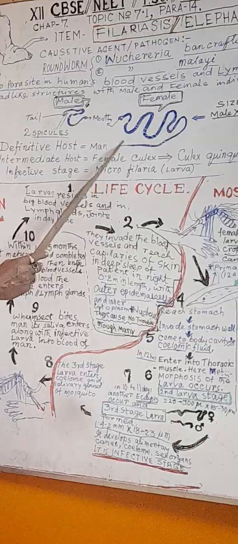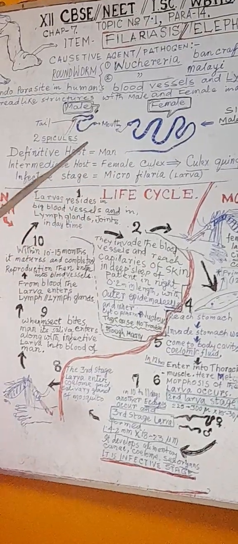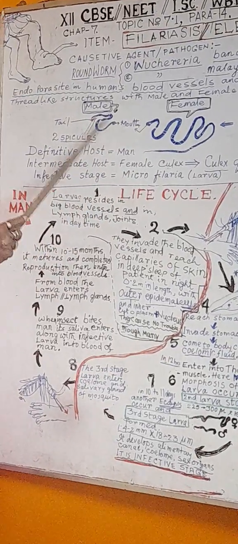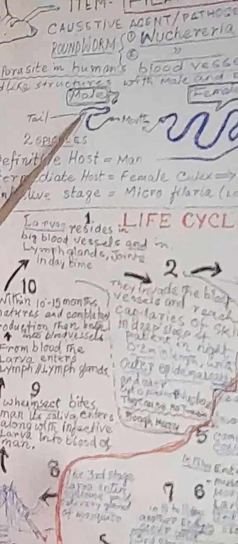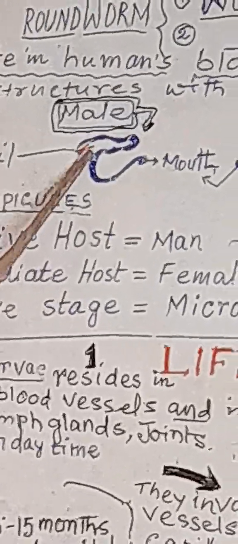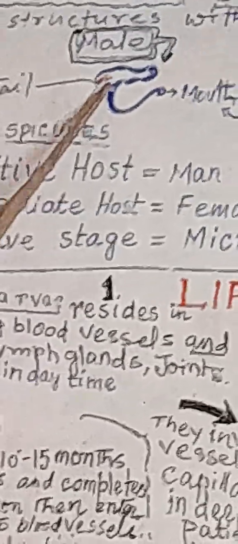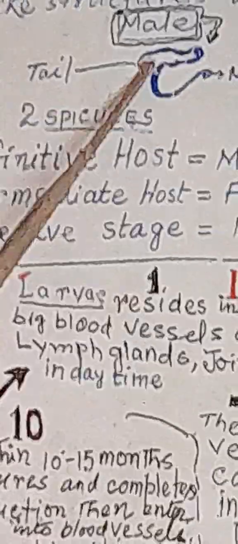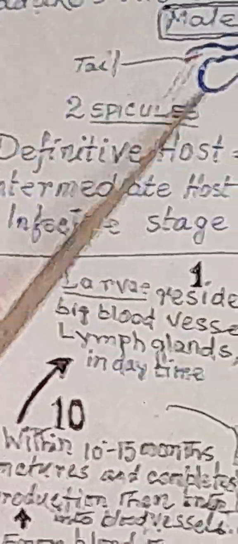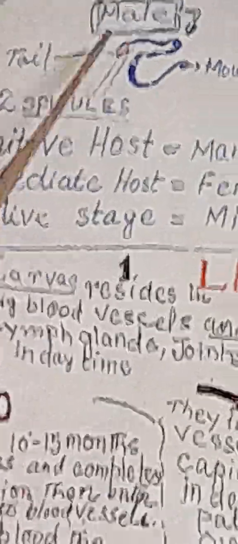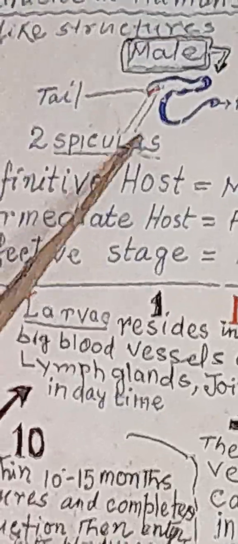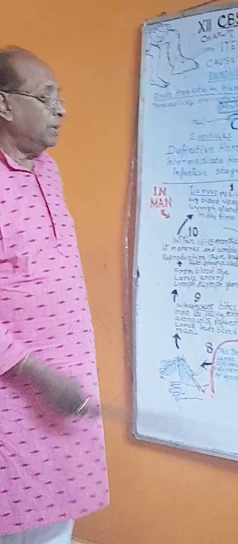You have to look at this. The mouth is here, and here is the tail of the male. The tail part is hook-like, and there are two male copulatory organs, known as spicules.